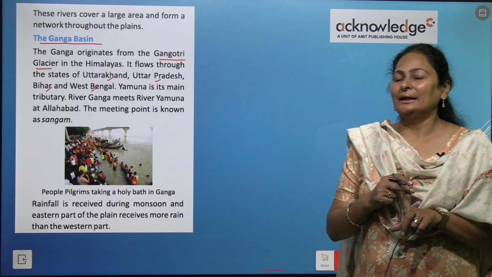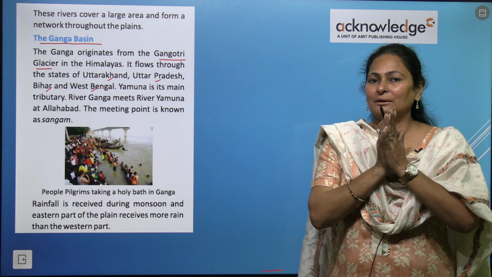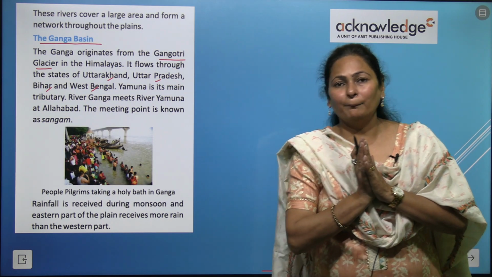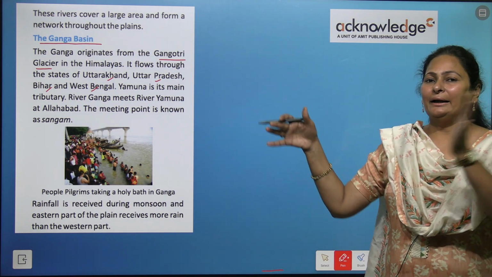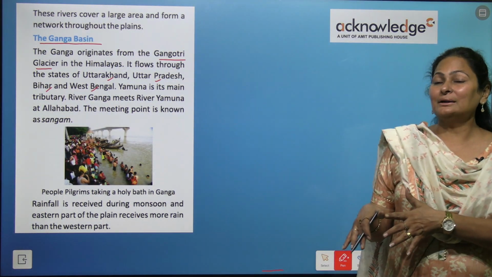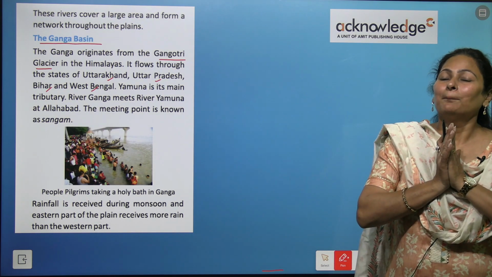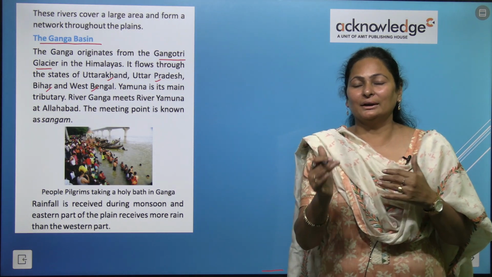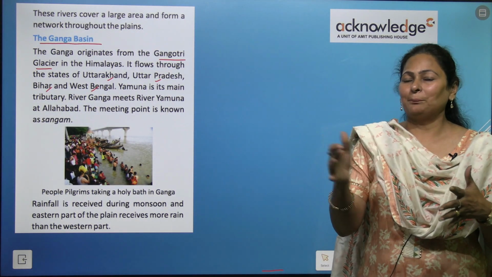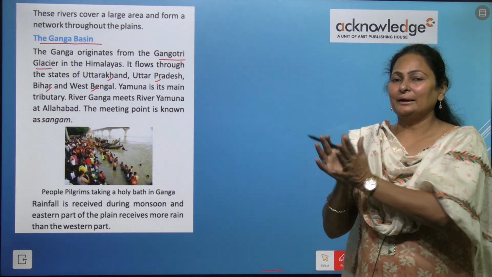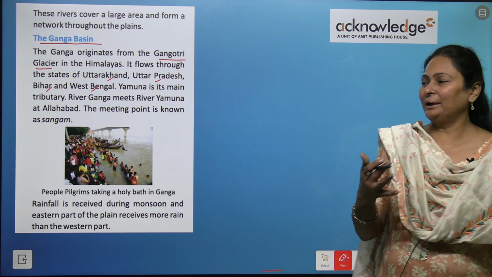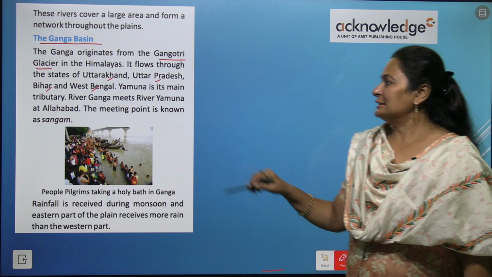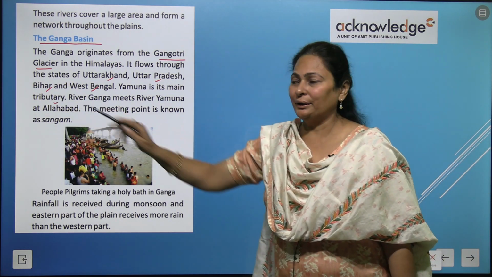A tributary means a river that merges with the main river, a small river that joins the bigger river. So Yamuna is its main tributary.